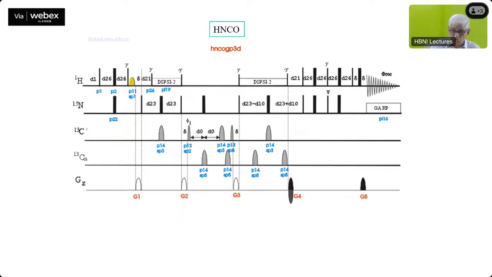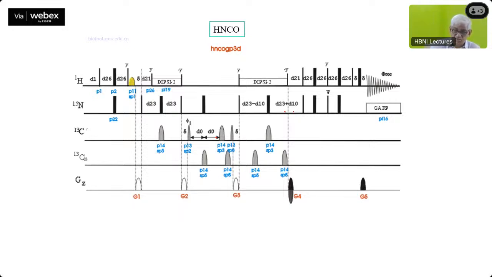We need not go into the details except to mention that here you have the initial transfer to the nitrogen, you have the carbonyl labeling at this point, the nitrogen labeling at this point, and finally you are detecting the amide proton. Anybody who wants to work out the mathematics can do so, but we need not go into those details, that will take quite a lot of time.